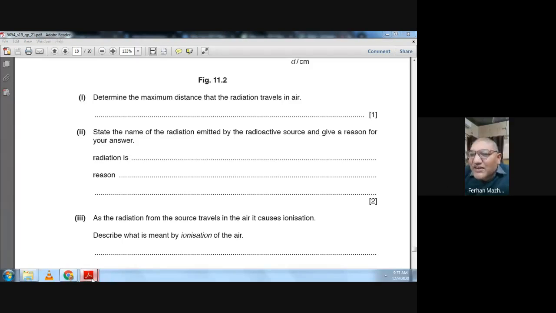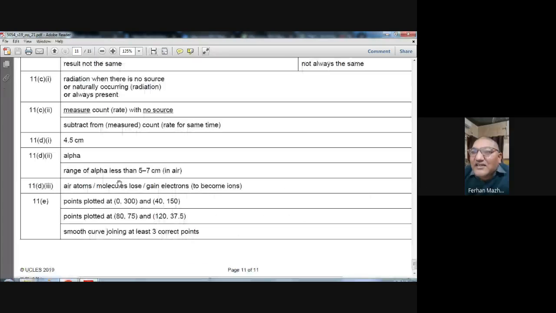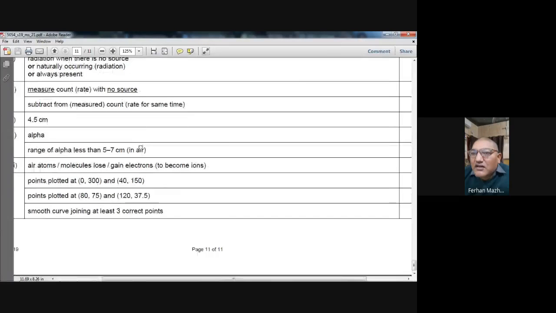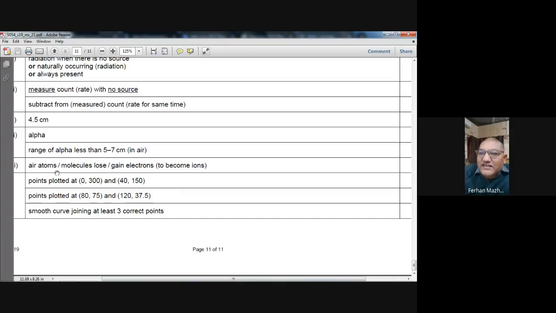Let me show you the marking scheme also so you can write the answer. So this is D, first part and second part. These are the answers. 4.5 centimeter, alpha. Range of alpha is less than 5 to 7 centimeter.